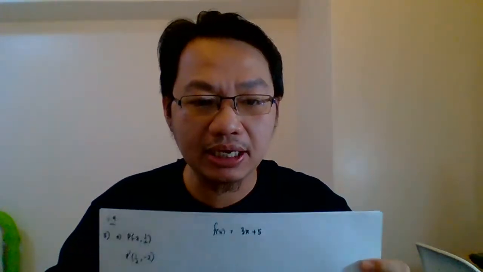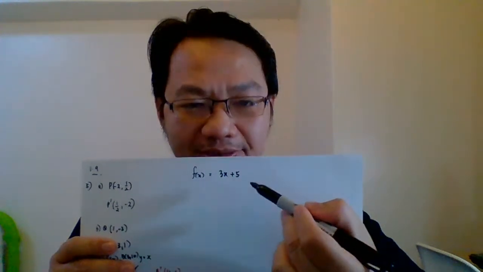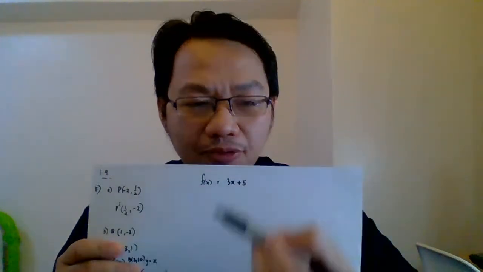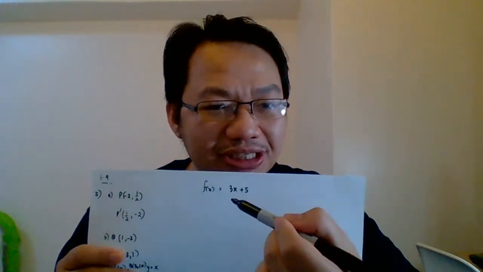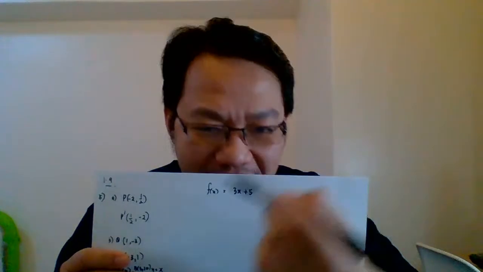Let's say I have a function, f(x) equals 3x plus 5. This is my function. Now, my question is, find the inverse function of this equation. How to find the inverse? What we need to do is let y equal 3x plus 5, all right?